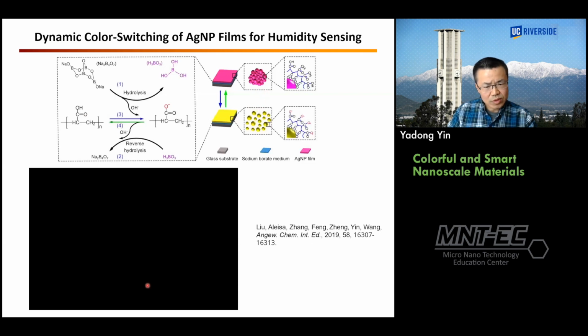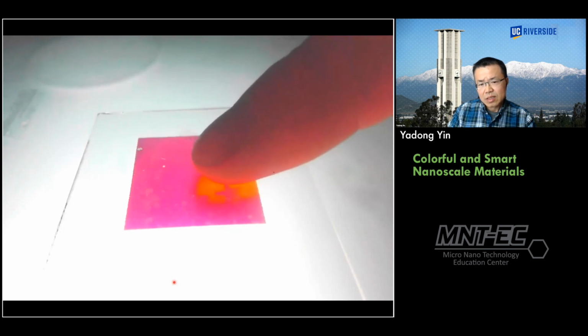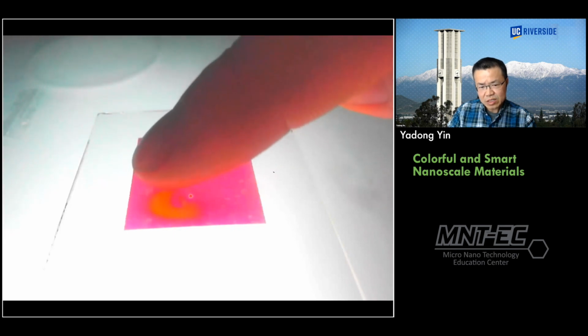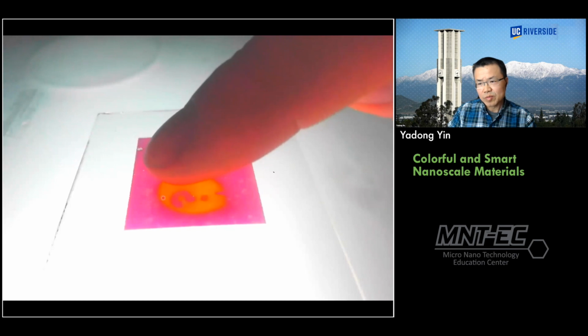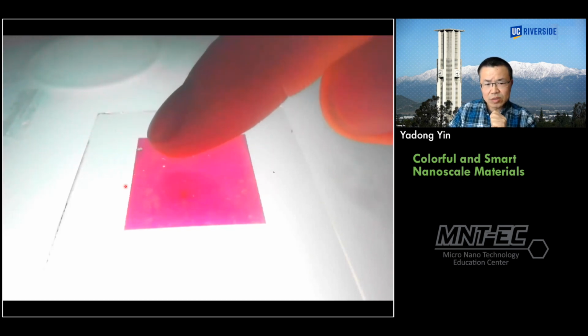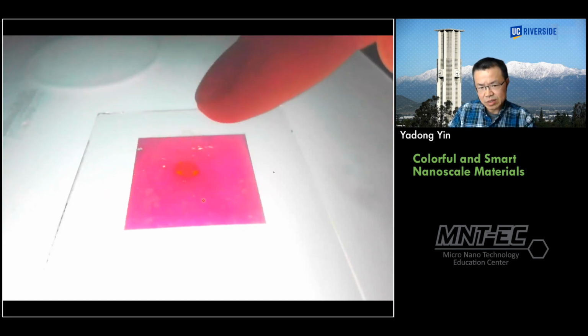So just want to show you, we made a thin film of silver with the same particles, and when your finger gets close to the film, not touching, the moisture from your fingertip can induce the particle separation that corresponds to the color change, the yellow color you see.